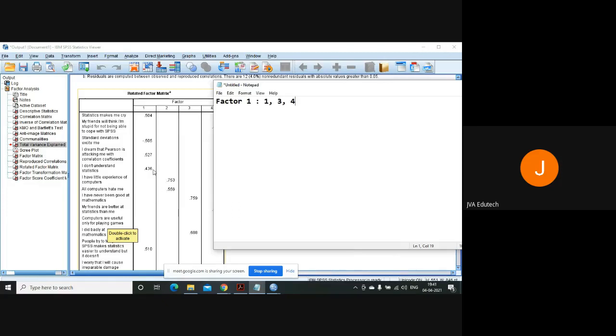Only positive values more than 0.4. Then 3 will not be there. So first and fourth, and the fifth will be there.